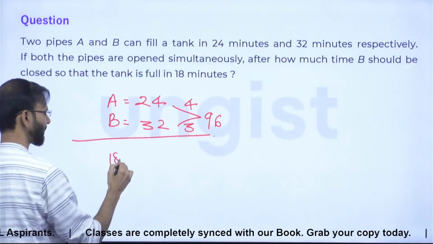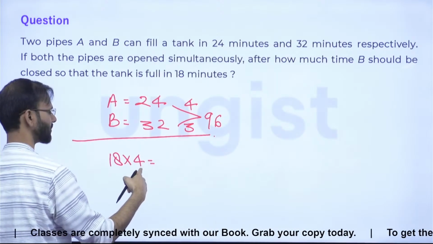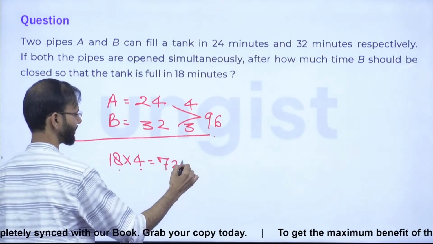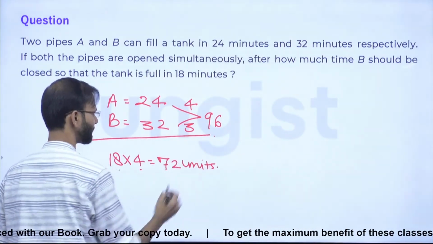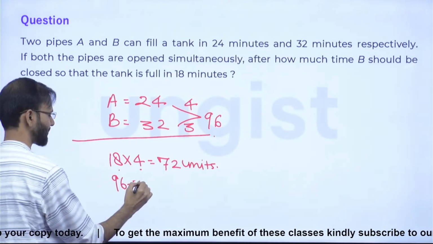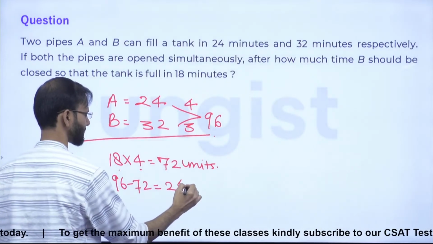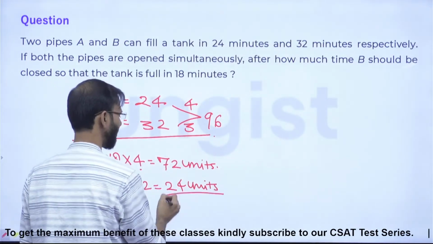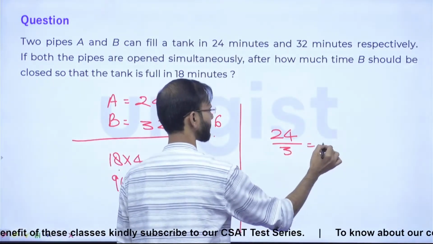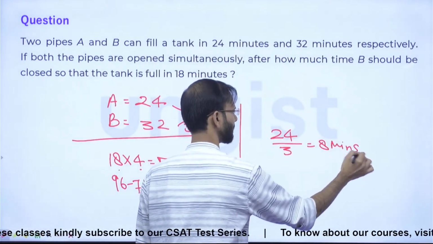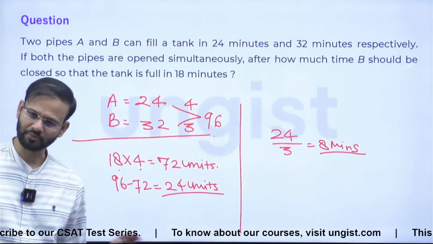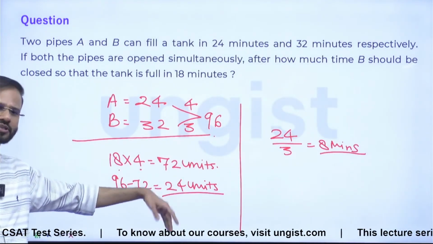A was working for what time? 18 minutes, all 18 minutes, right? So A will be filling 72 units. What is left? Yes, 96 minus 72, which is 24 units, is still left. And now B will be filling 24 units in what time? In 8 minutes, guys. So B was working for 8 minutes, everybody. Clear, guys? So this is the normal process.